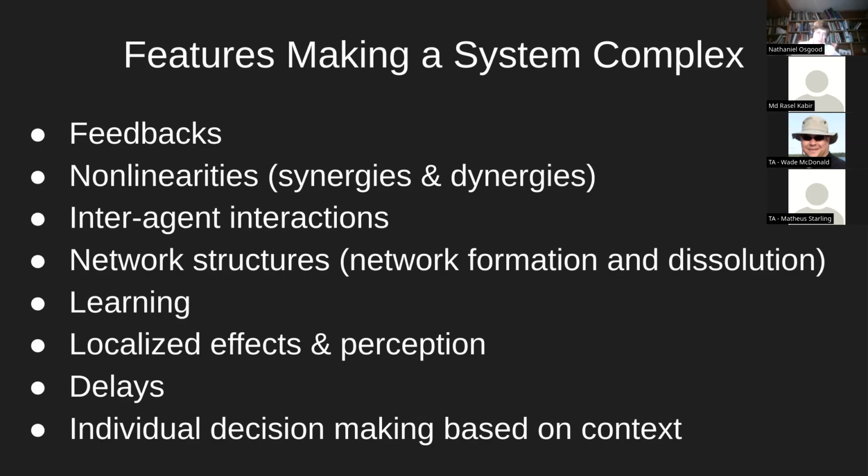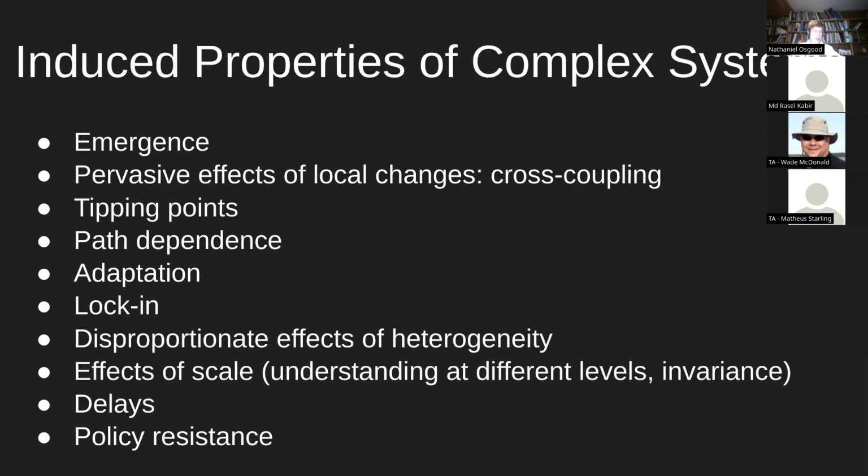Now, these features which underlie these systems, and I could list others here too, induce effects on the system. They give rise to the nonlinearity, the feedbacks, et cetera. They give rise to emergent behavior, behavior that cannot be traced down to any one piece of the system, just as the behavior of a traffic jam can't be traced down to any one vehicle or any one aspect of the situation, like the current precipitation or the visibility or what have you.